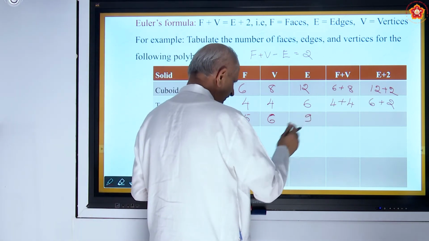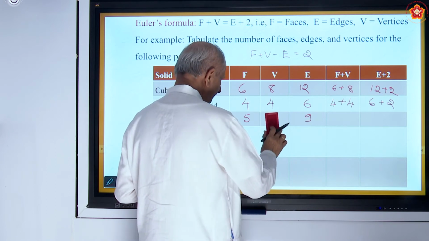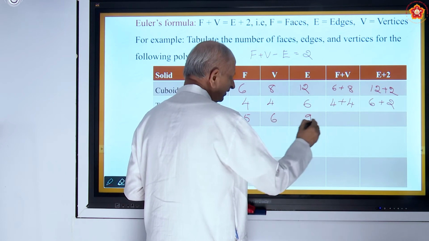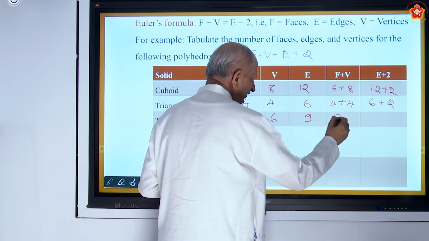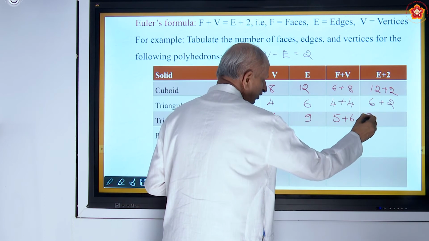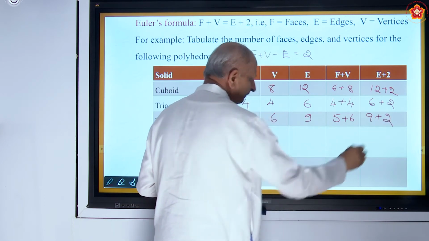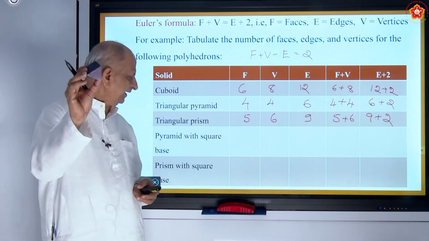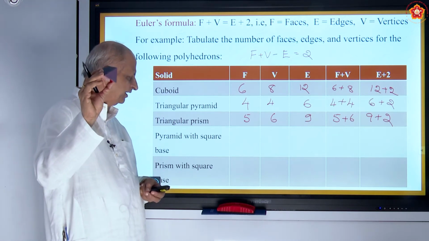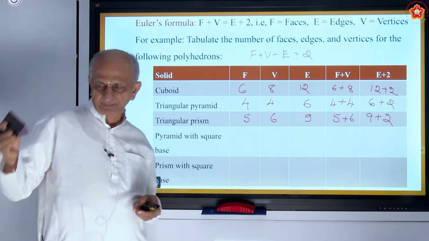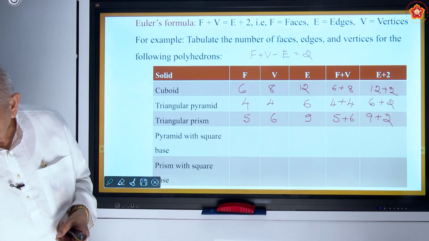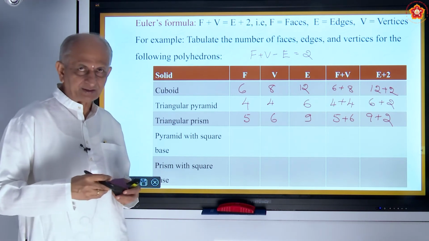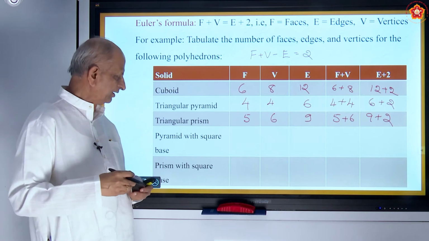So 5 plus 6 is 11, is equal to 9 plus 2. That is in case of a triangular prism. It also comes in your physics class in the chapter on light. Is it not? Rainbow, VIBGYOR, or what you call.